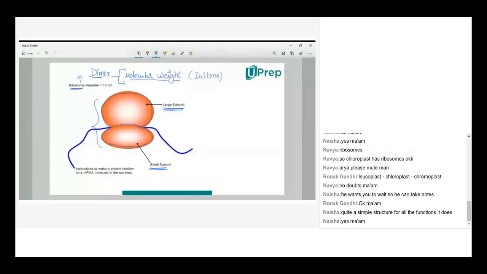But when we go for ribosomes, the molecular weight is not measured in Daltons, but in units called Swedberg units. Swedberg was the scientist who did appreciable work regarding ribosome molecular weight.